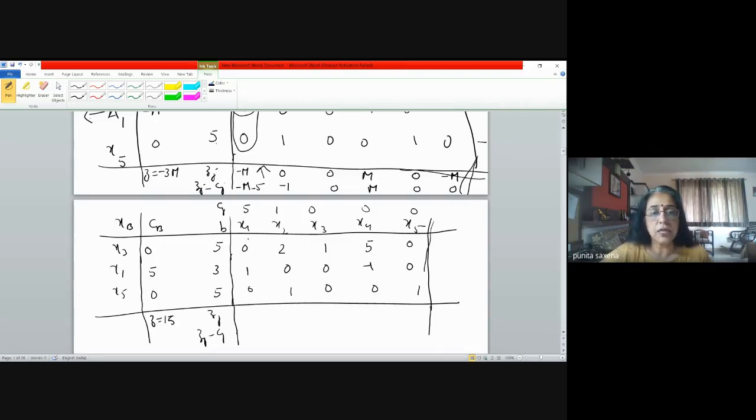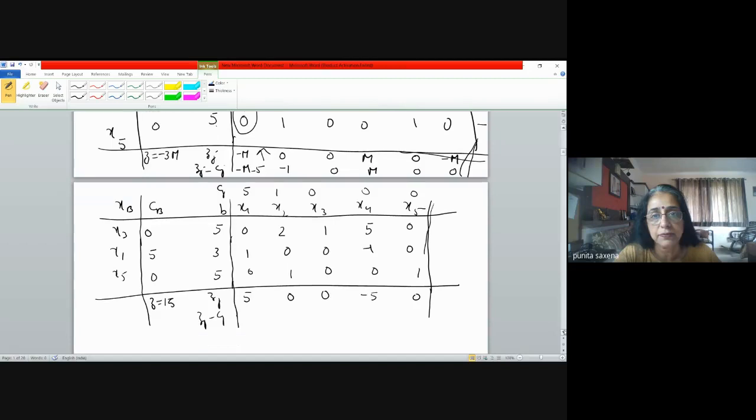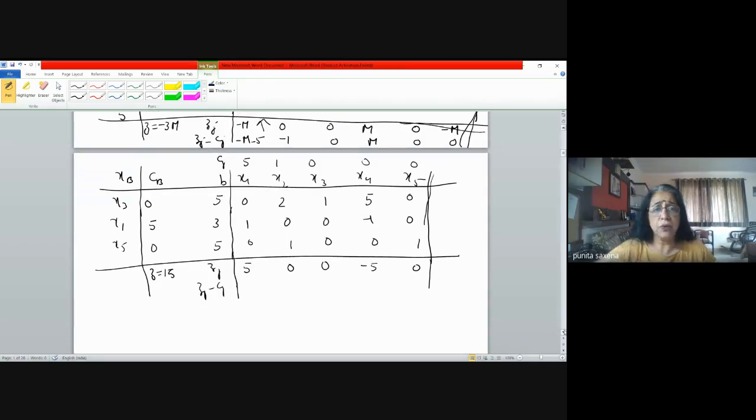Now your Zjs are going to be 0 into 0 plus 5 into 1, so that means 5, then 0, then 0, then minus 5, and 0. Please check for calculation errors and point out right away.